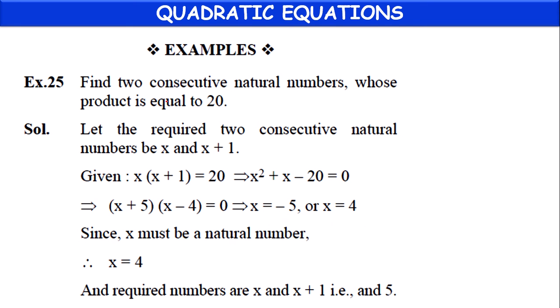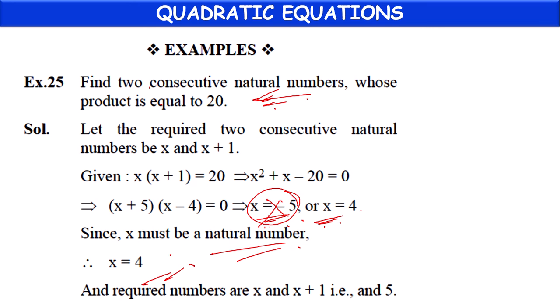But the condition is that we have to find natural numbers, so the x value should be a natural number. Here x equals minus 5 is not applicable for this condition, so we can remove x equals minus 5. Since x must be a natural number, the x value is 4.